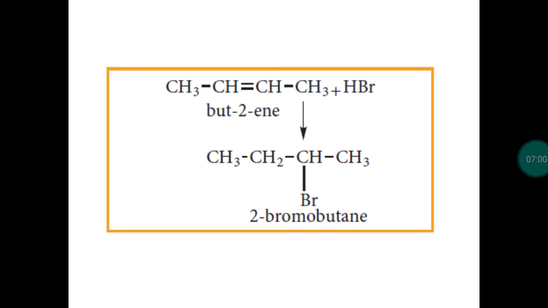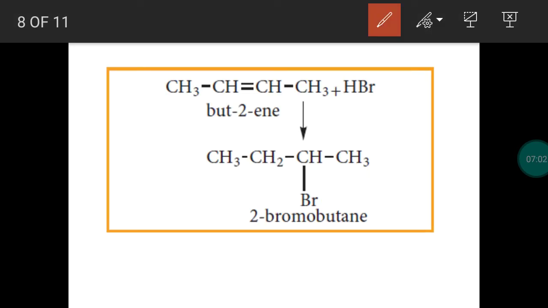One more example can be considered. This is also a symmetrical alkene. On both sides of the double bond, we have the symmetrical arrangement of atoms, right? So on the left hand side we have CH3, CH. On the right hand side of the double bond also we have CH, CH3. So the symmetrical arrangement indicates the alkene is a symmetrical alkene.